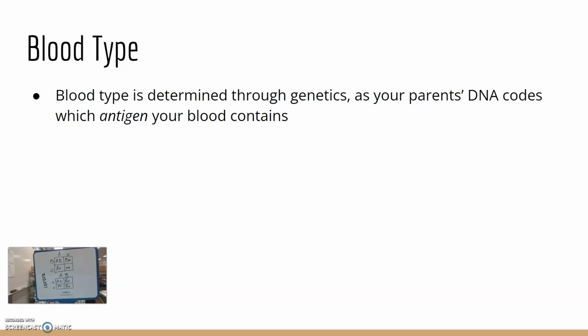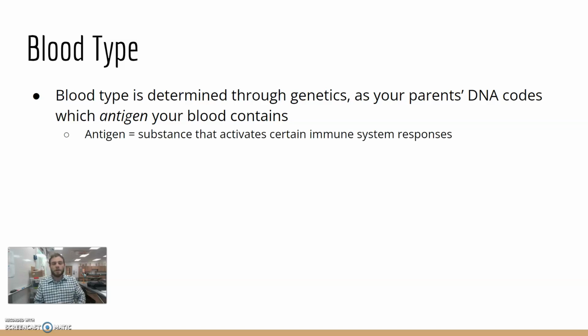If you have type AB blood crossed with type O blood, basically there are 6 different genotypes that you can be. Those 6 genotypes are here: AA, AO, BB, BO, AB, and OO. But there are only 4 different blood types in this classification that you can be: type A, type B, type AB, and type O.